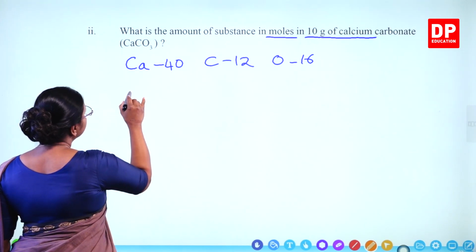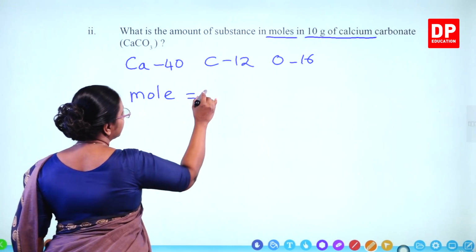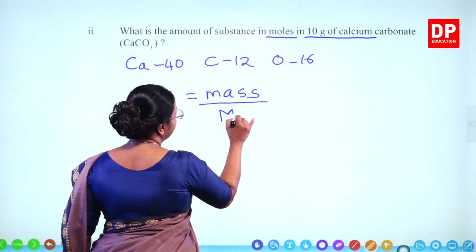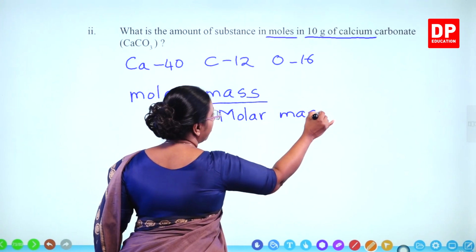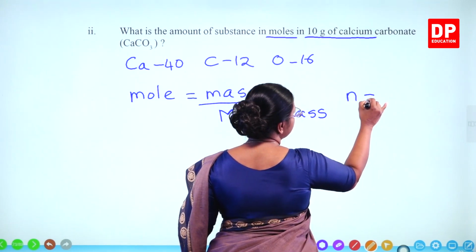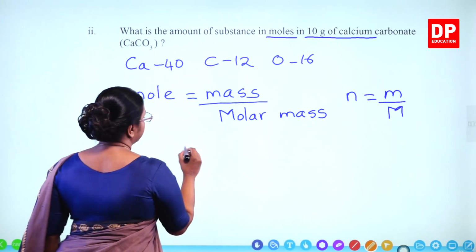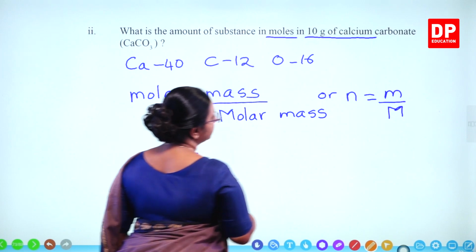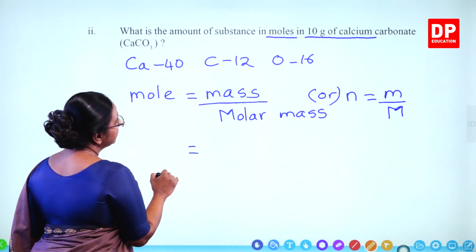So to calculate the number of moles, you can either write it as the equation mass over molar mass, I am writing it shorter, or you can write the equation n equals m over M. So what is mass?